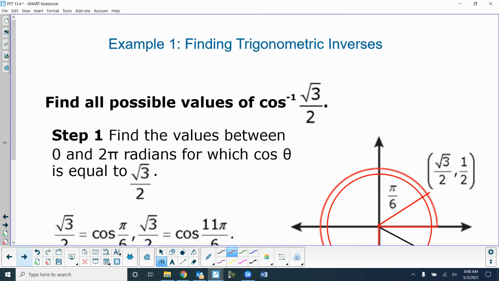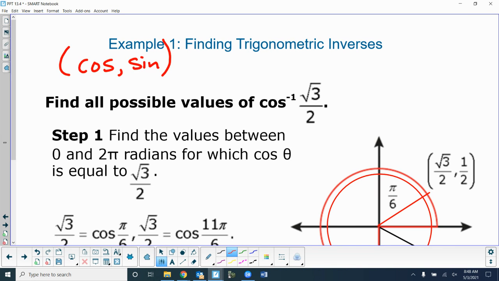All right, so it says find all the possible values of the angle whose cosine is radical 3/2, or inverse cosine. So, cosine, remember, alphabetical order. Cosine is the x value. All right?